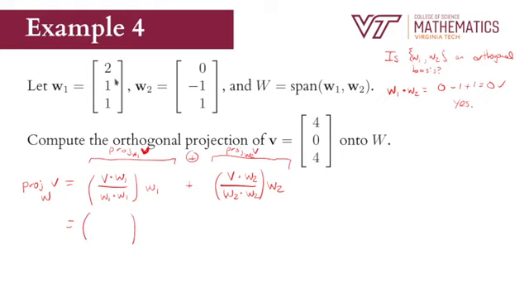So V dot W1 is going to be 8 plus 0 plus 4. W1 dot with itself is 4 plus 1 plus 1. And W1 is 2, 1, 1. And then over here, V dot W2 is going to be 0 plus 0 plus 4. And then W2 dot with itself is 0 plus 1 plus 1, times W2.